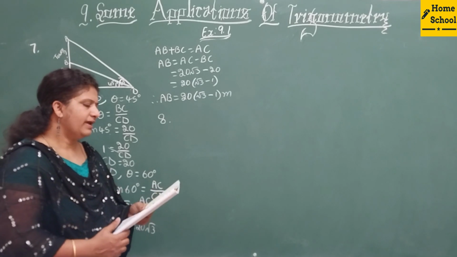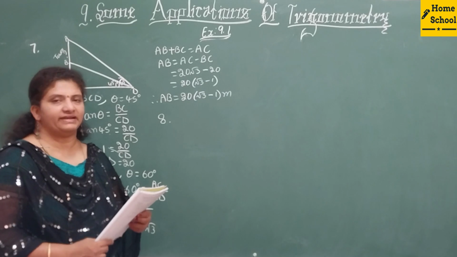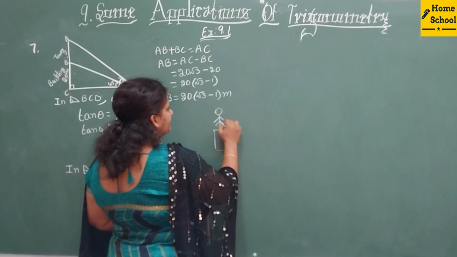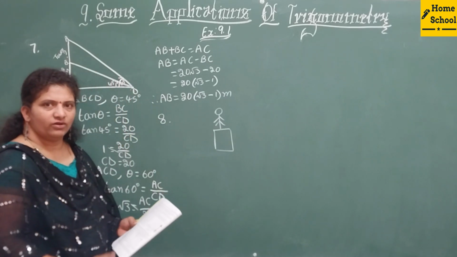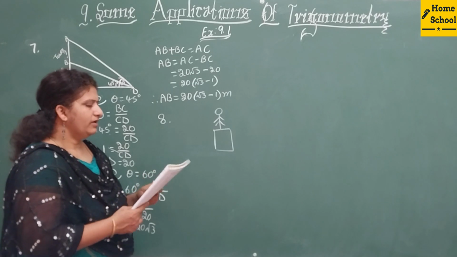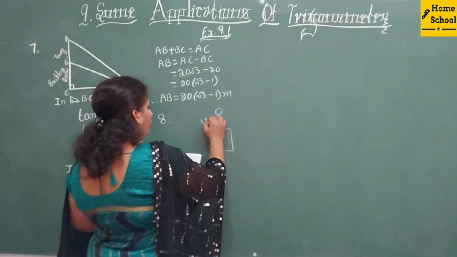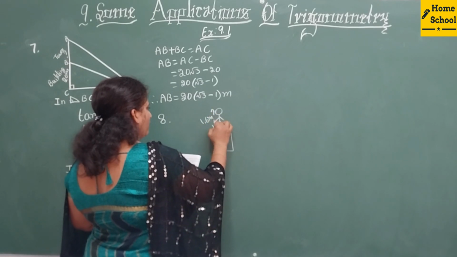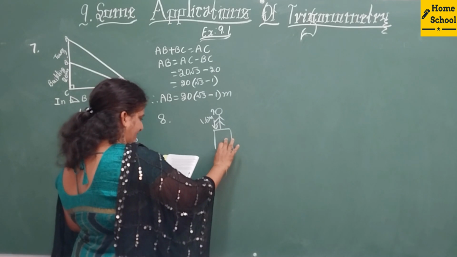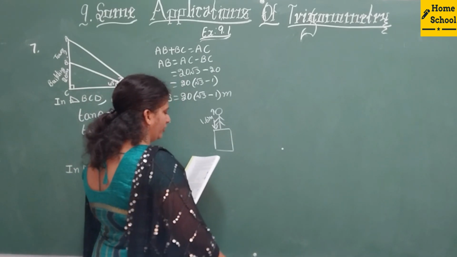Eighth problem. A statue 1.6 meter tall stands on the top of a pedestal. Let this be the pedestal. On top of it, imagine a statue. Okay, this part is called as a pedestal. A statue 1.6 meter tall. From here to here, 1.6 meter tall stands on the top of a pedestal from a point on the ground. Mark a point on the ground.